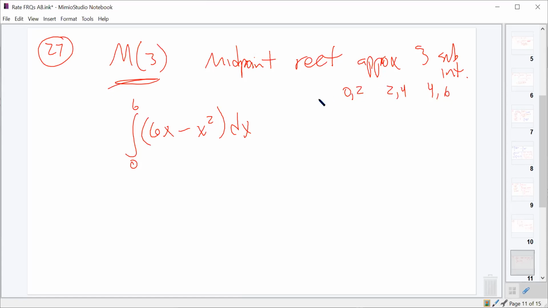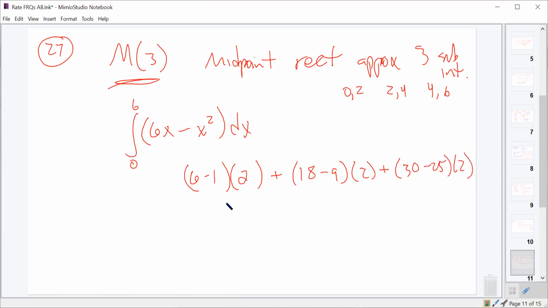So our midpoints will be 1. So 6 times 1 is 6 minus 1. And then we got to multiply that by the length of the interval, which is 2. Add to that a midpoint of 3, so that'll be 18 minus 9 times the length of the subinterval, which is 2. And then at 5, it ought to be 30 minus 25 times the length of the subinterval. So 10 plus 18 plus 10. Looks like that ought to come out to be 38.